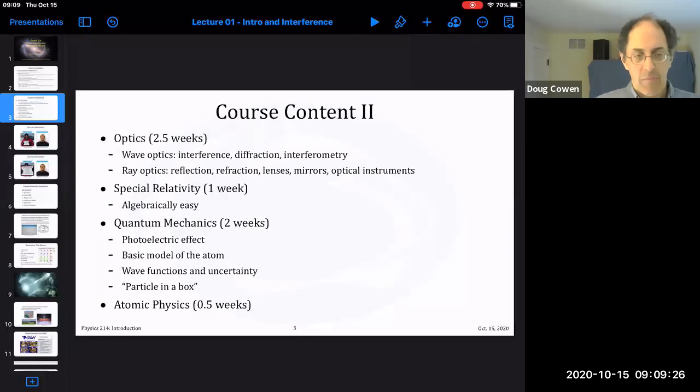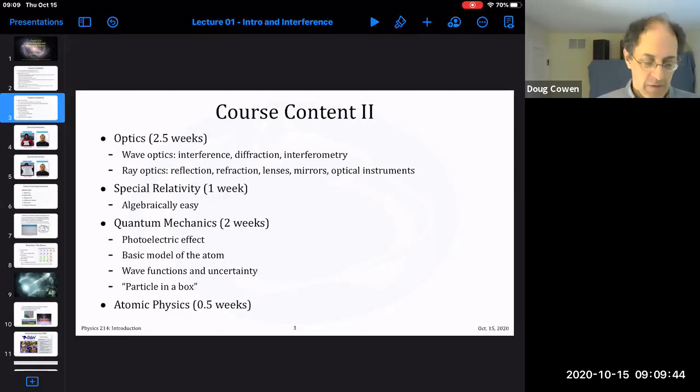We'll talk about a basic model of the atom, focusing on hydrogen because it's so simple. We'll talk about wave functions, which are the solutions to the Schrödinger equation, and the concept of uncertainty as proposed by Heisenberg.